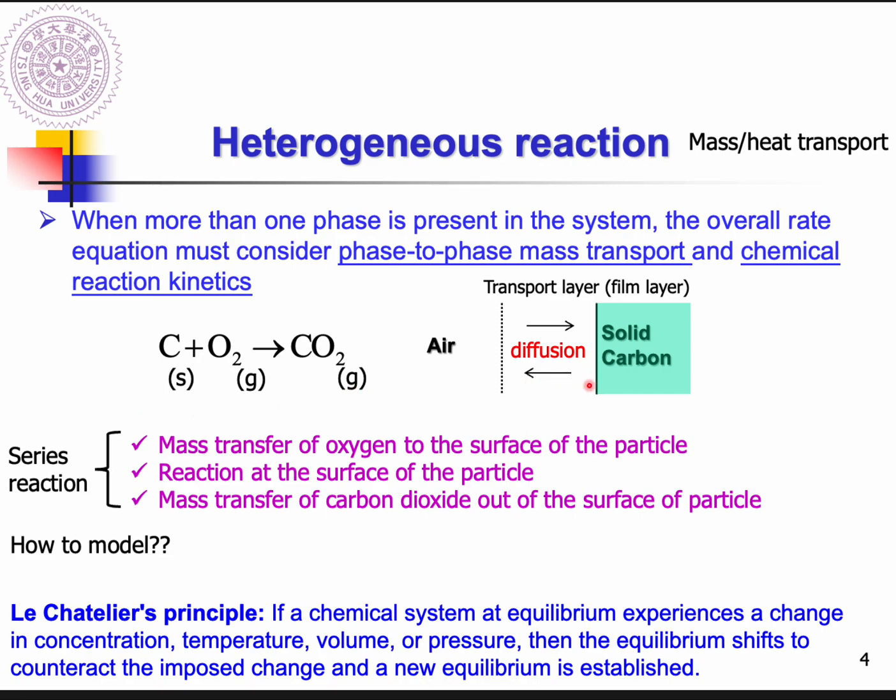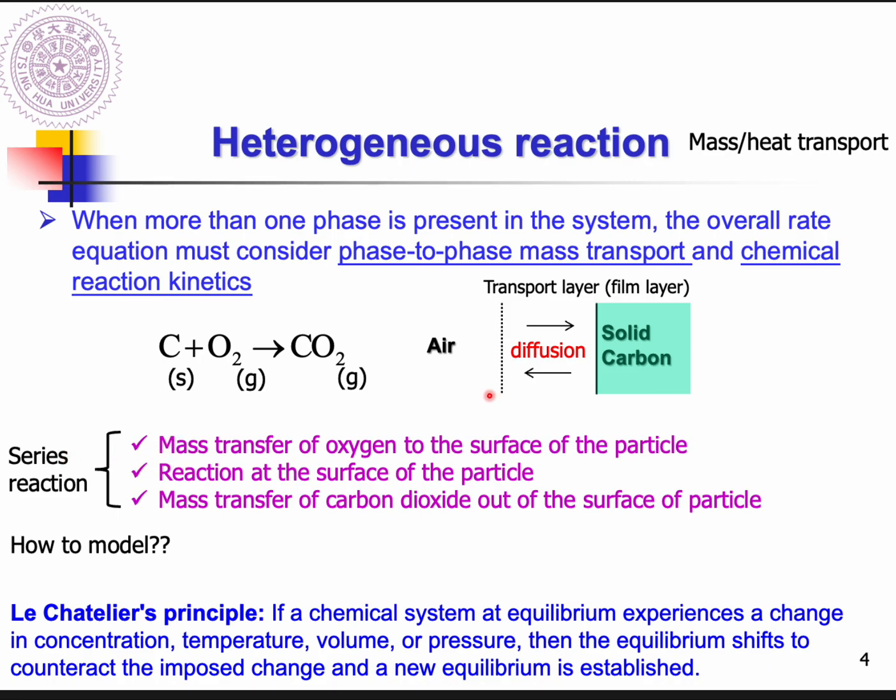So in most cases, in order to allow this reaction to go all the way to the right-hand side, the carbon dioxide needs to leave the surface during the process. Based on this, we have 3 processes, and they belong to series reactions.